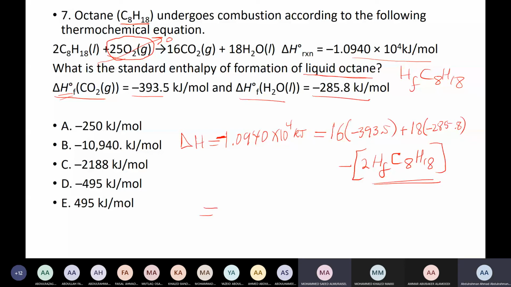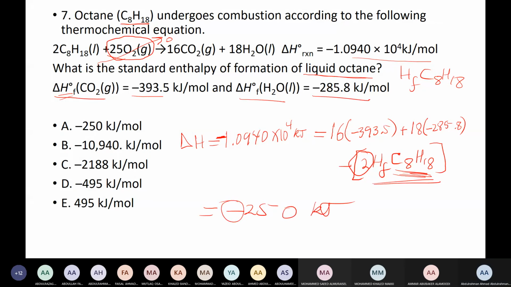You have to divide by 2. It is 500, yes, you're right, but I want the heat of formation of C8H18 only, so you have to divide by 2. What's the answer? 250.2. With a minus, you have to put the minus. Don't forget the minus.